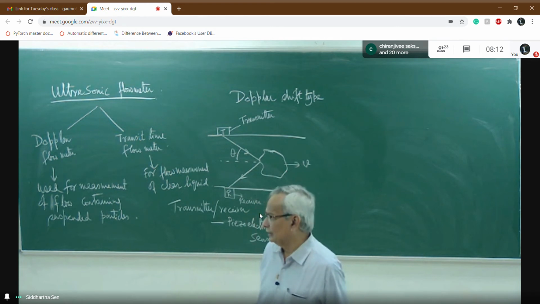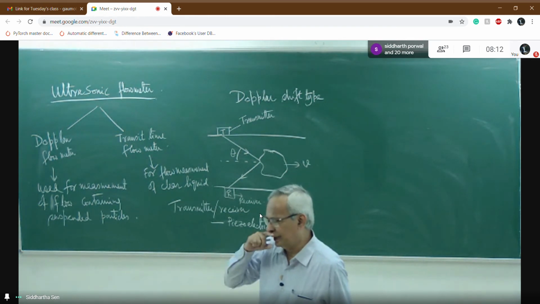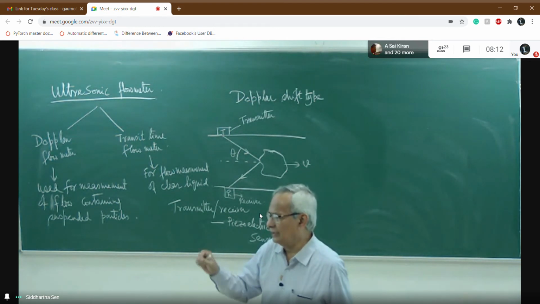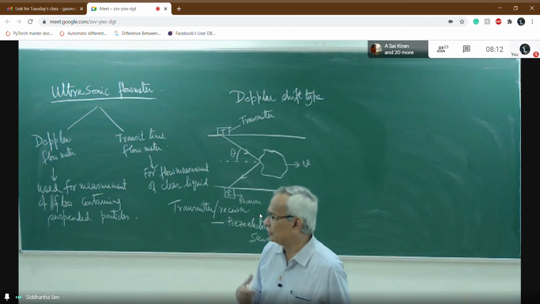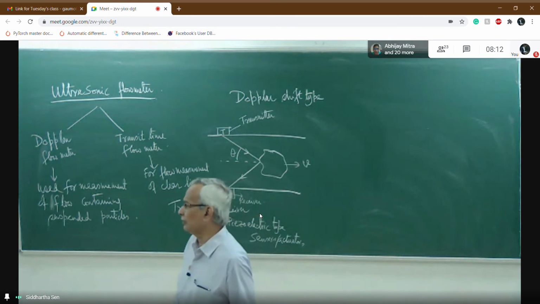Here you press it, and across the crystal some voltage is induced, and the voltage is very high. If you place an electrode or a wire nearby, there would be some discharge, so there would be a spark.